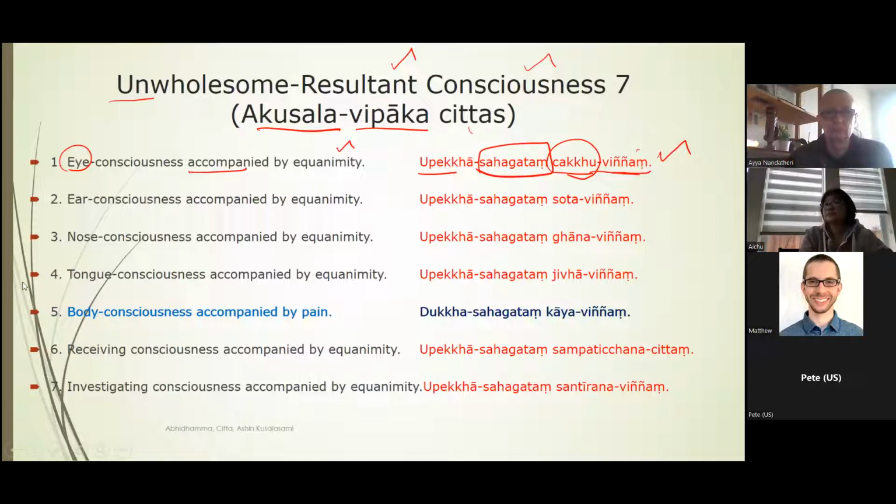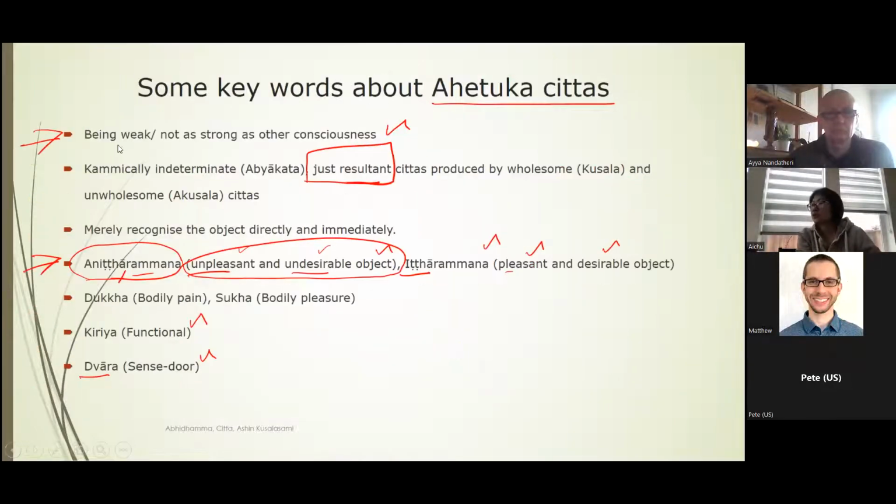So I can tell you a little bit about these keywords. It is weak, not as strong as other consciousness. For example, if we donate something, if we help other people, I told you a moment ago that behind this action, this wholesome deed, non-greed is working.